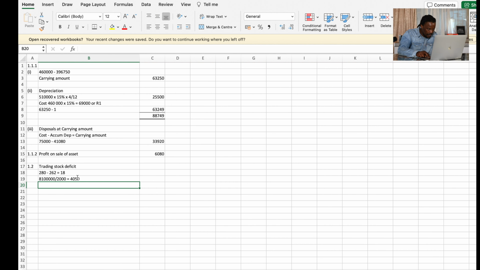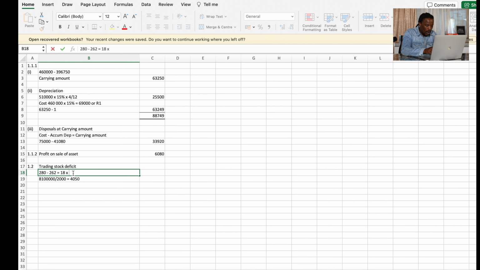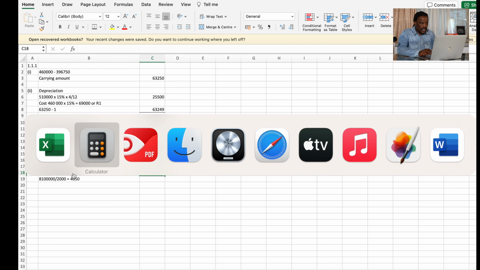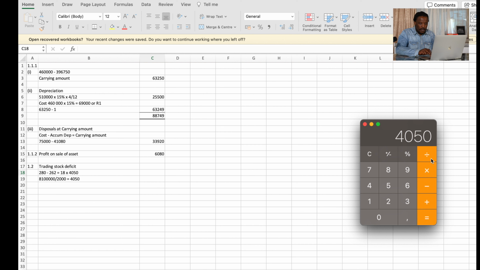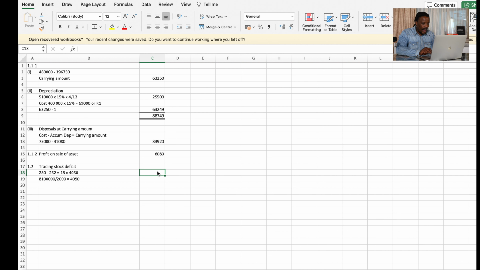That is 4,050 for you there. And then this 4,050 is multiplied by the trading stock deficit of 18 units, which equals 72,900, which is our trading stock deficit. And we're happy with that.